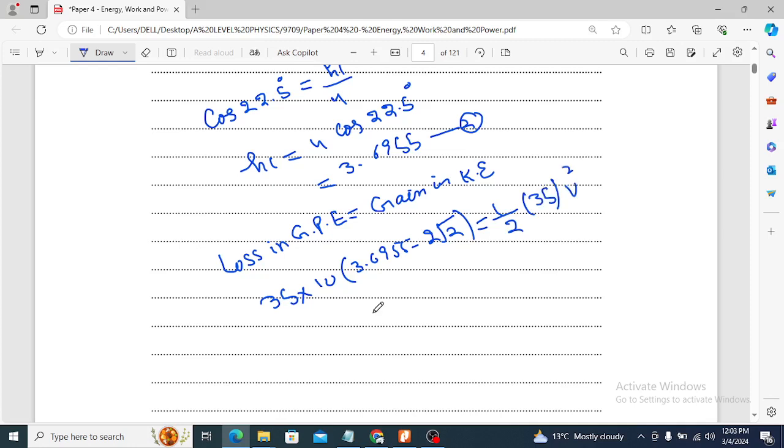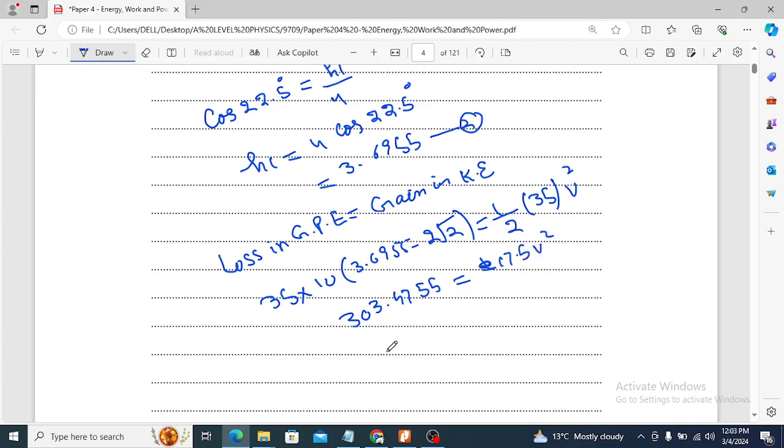On the left hand side, by using the calculator, we obtain 303.4755 equals 17.5 v square. Half of 35 is 17.5.